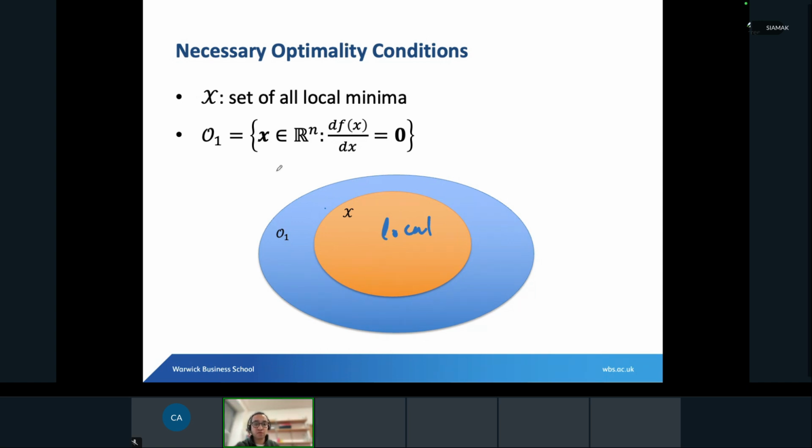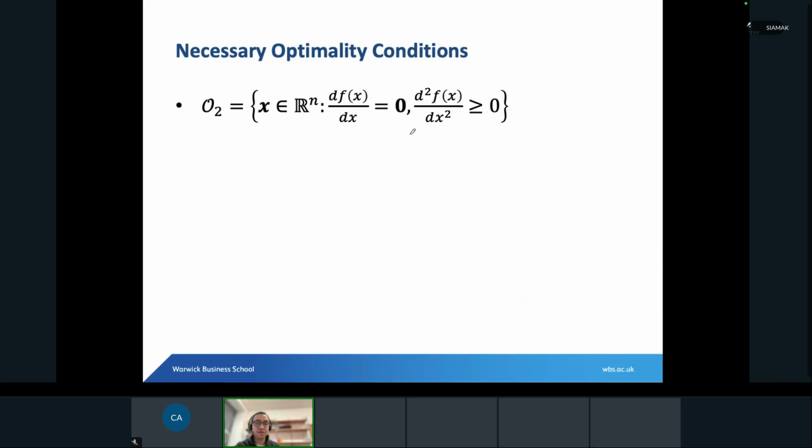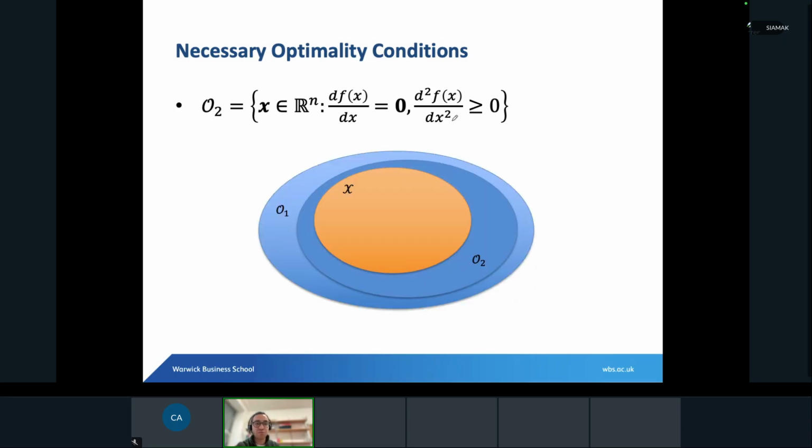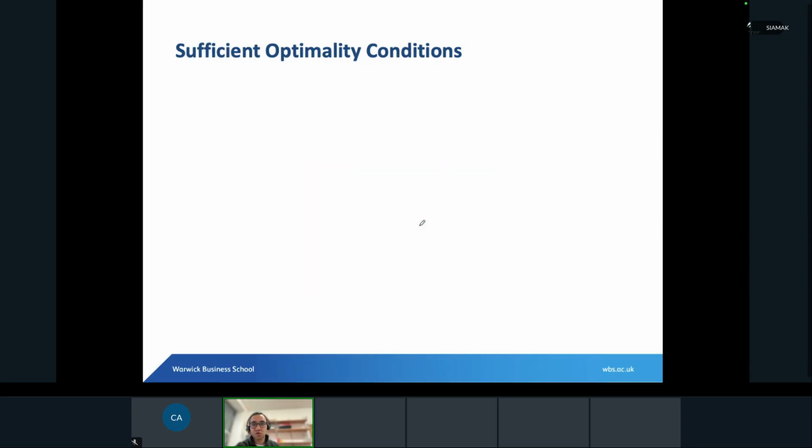O1 is the set of all values that make the first derivative equal to 0. Now I have the second derivative be non-negative. It can be non-strictly positive as well, which we'll discuss now. That's why O2 is a subset of O1, but the local minimums are still a subset of O2.